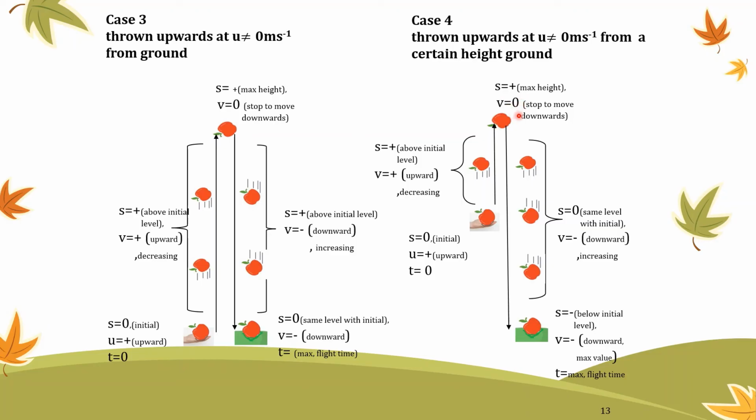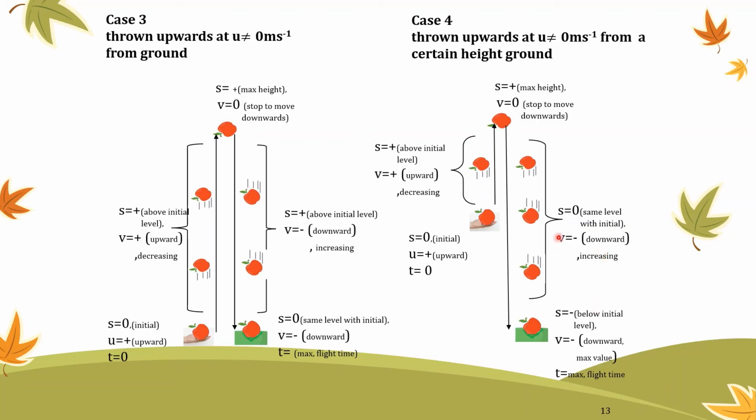So what happens? The apple will move downward. When the apple moves downward, the displacement decreases but is still positive. Why? Because it is still above the initial point. But here, the displacement is 0 because it is at the same level as the initial point. And our v here will become negative because it moved downward, but the magnitude of v will increase.